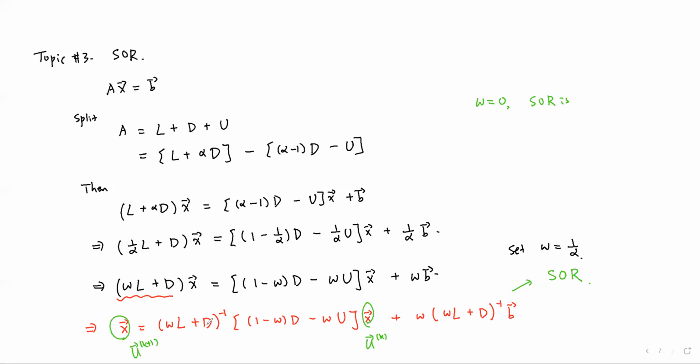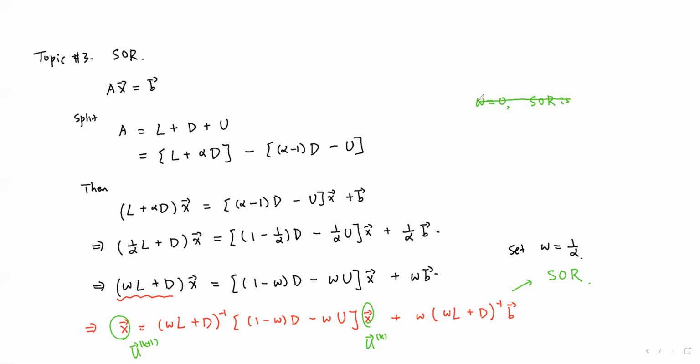This is D inverse times D. But how about U? When omega is 0, it is not Jacobi.